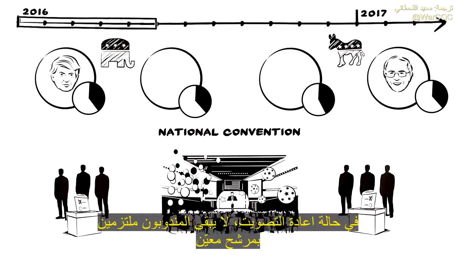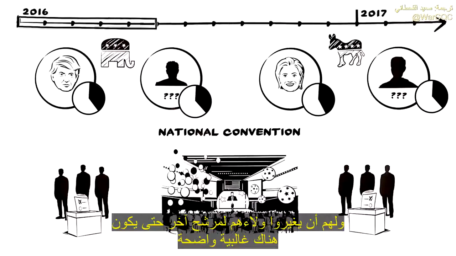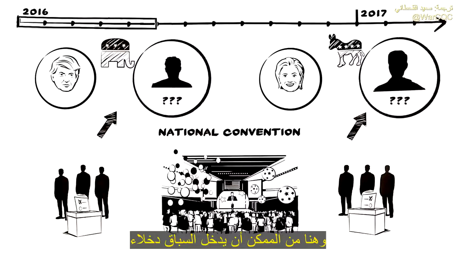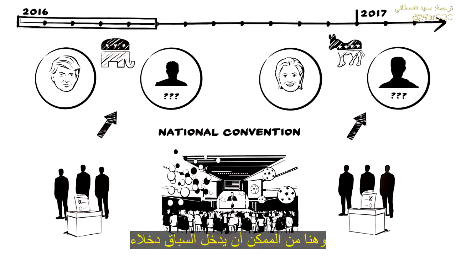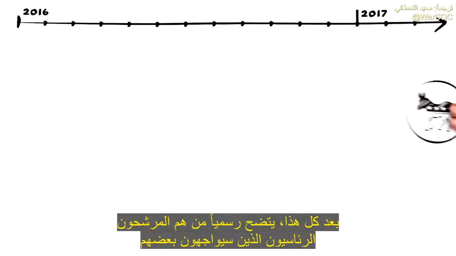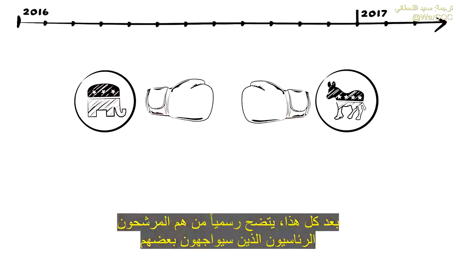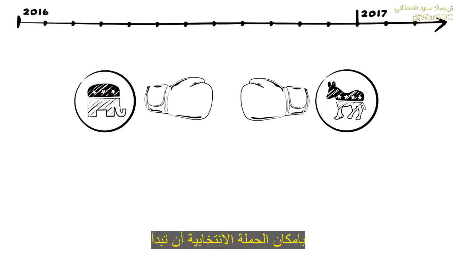In the case of such a revote, delegates are no longer pledged to a particular candidate and are able to switch their allegiance to another candidate until there is a clear majority. It's therefore possible for supposed outsiders to re-enter the race. After all this, it's officially clear which presidential candidates will face off against each other. The election campaign can begin.